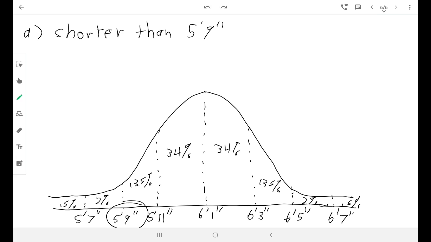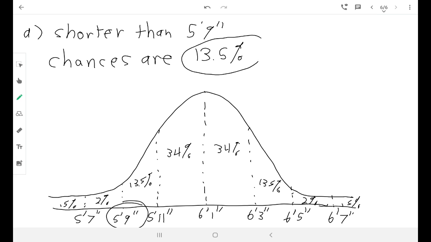Okay. So chances are 13.5%. And that's how you do that part of it.